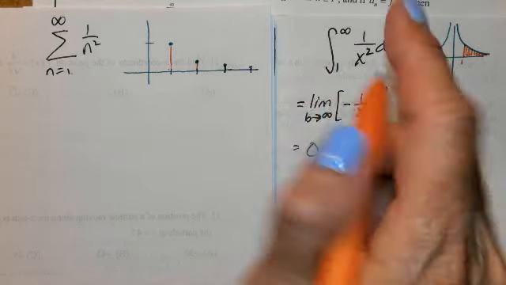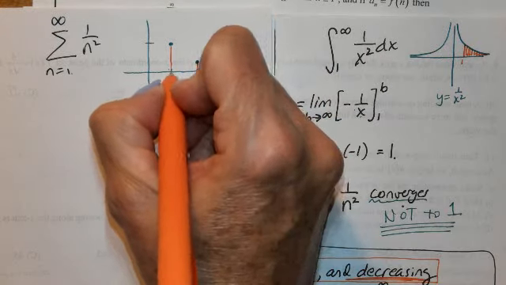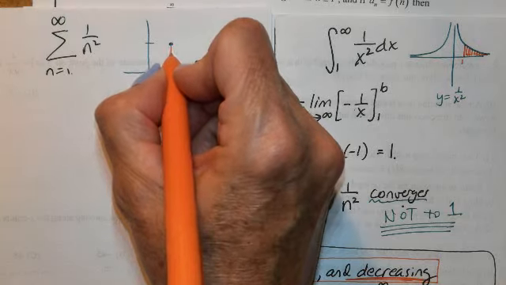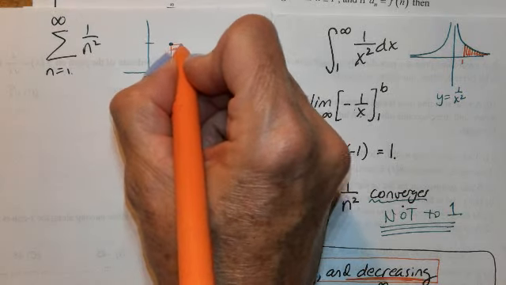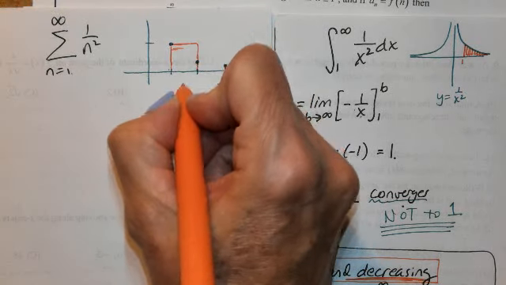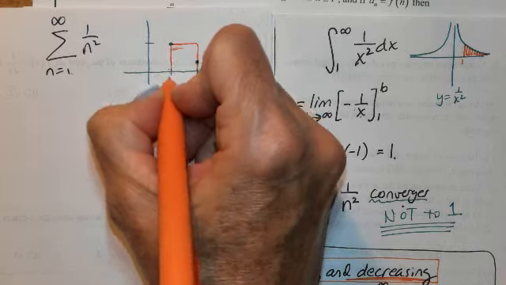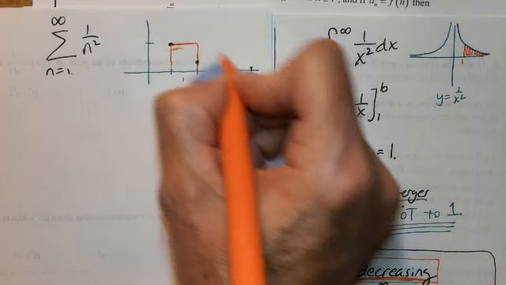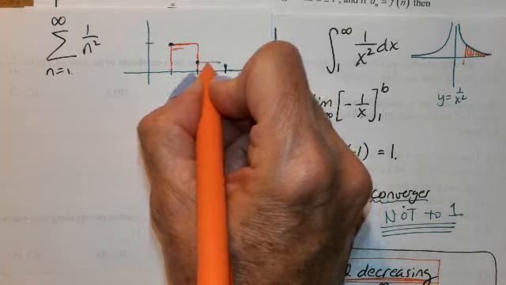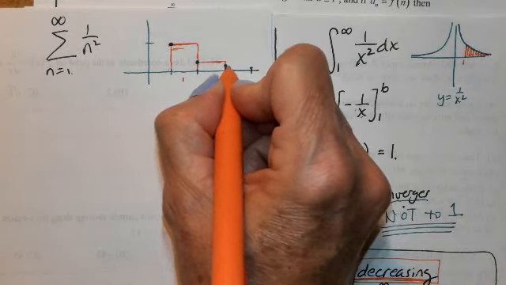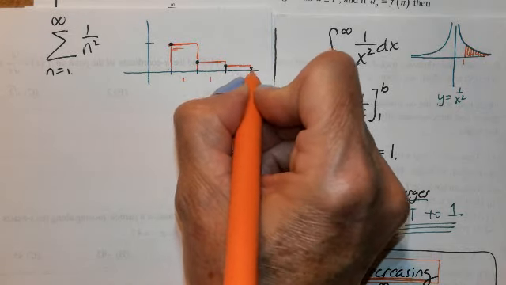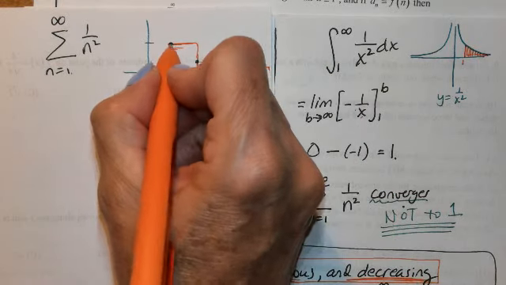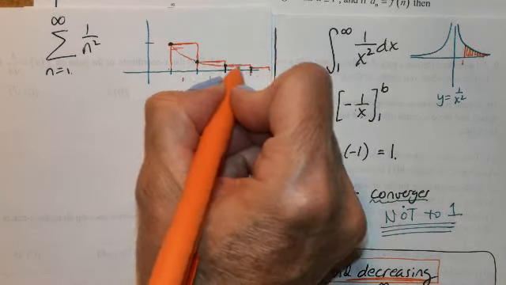So I'm actually adding up 1 times this height, plus 1 times this height, plus 1 times this height, plus 1 times that height. I'm actually doing a left Riemann sum.